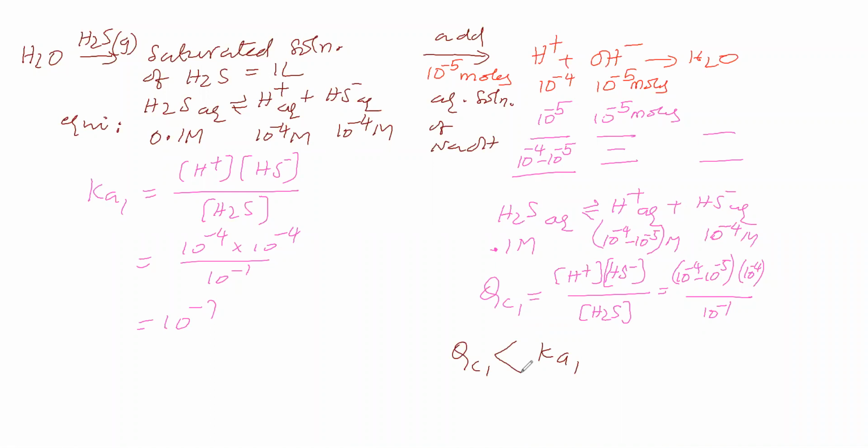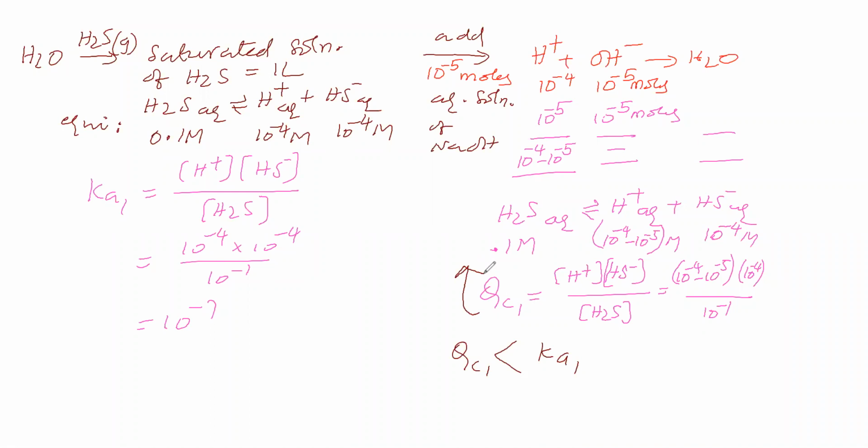This magnitude says that QC is less than Ka1. So the system is not at equilibrium. So the system tries to attain equilibrium. The system makes QC1 equal to Ka1, for which the system increases QC1, isn't it?